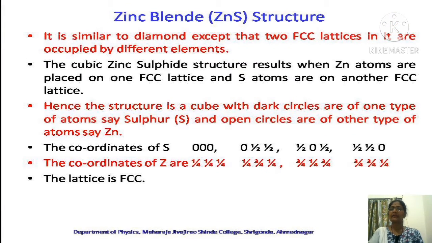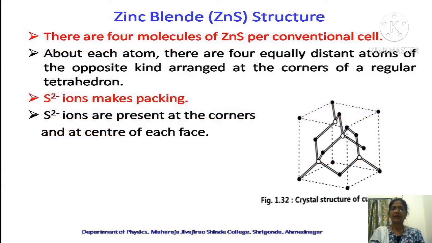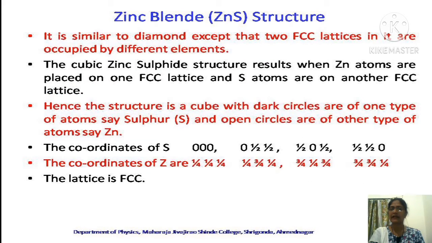So zinc blende crystal structure. If we see the crystal structure of zinc blende, it will remind you the crystal structure of the diamond because it looks similar to the diamond crystal structure. The only difference is that in case of diamond crystal structure, each and every atom is made up of carbon atoms only.